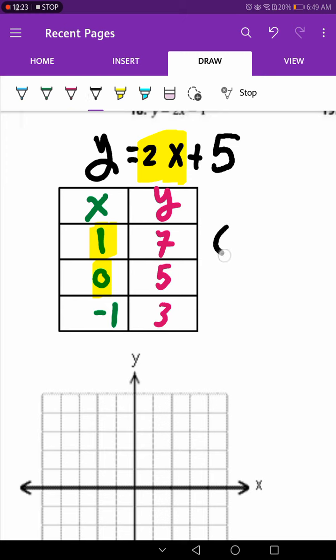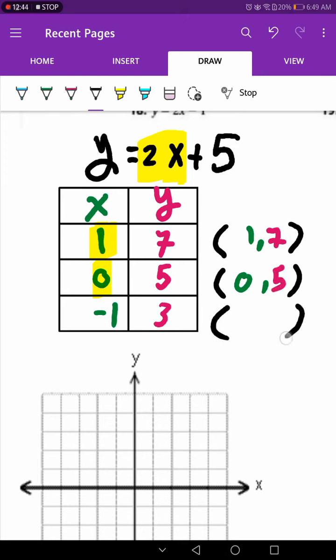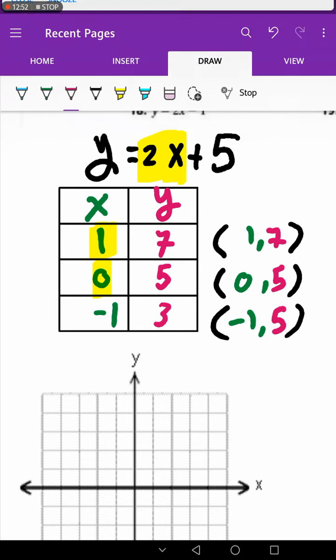The first one is 1 and 7, bravo. And the second one is 0 and 5. And the third one, you can tell me, yes? Tell me. It is negative 1 and 3.